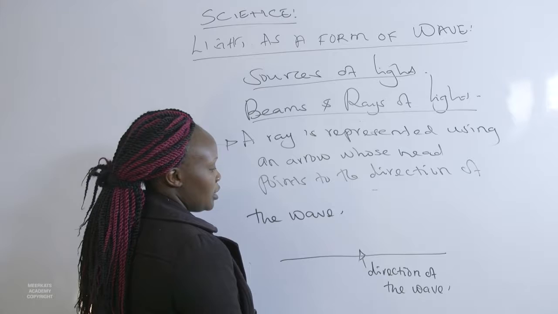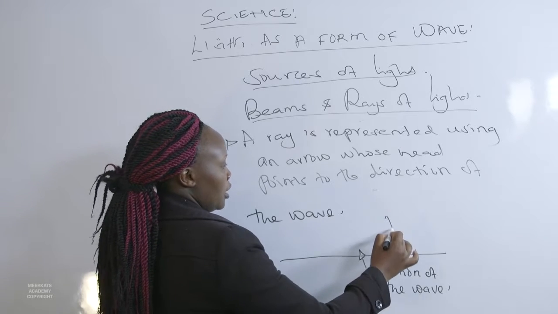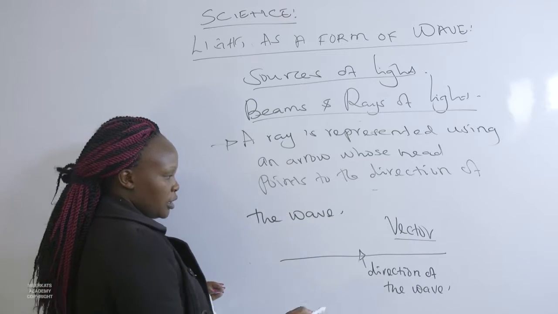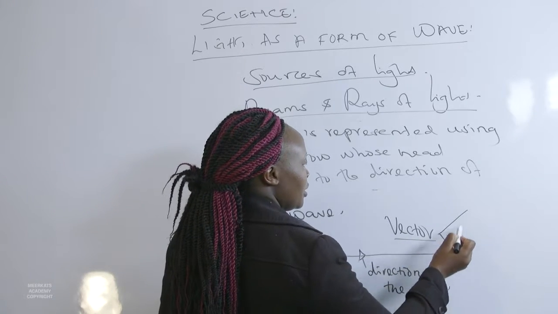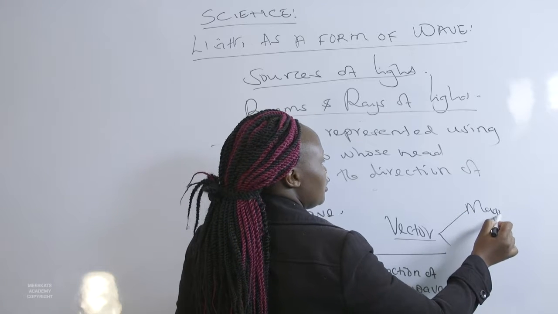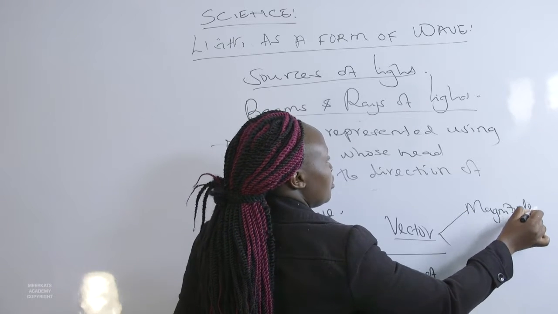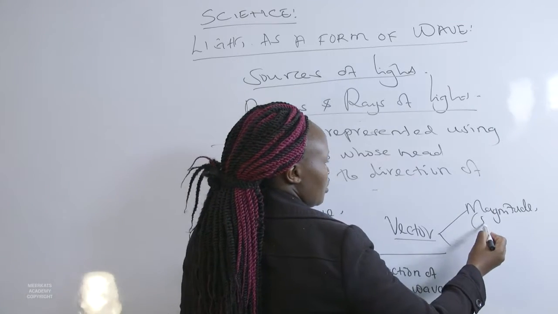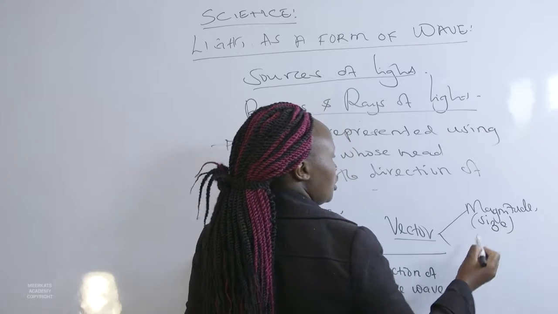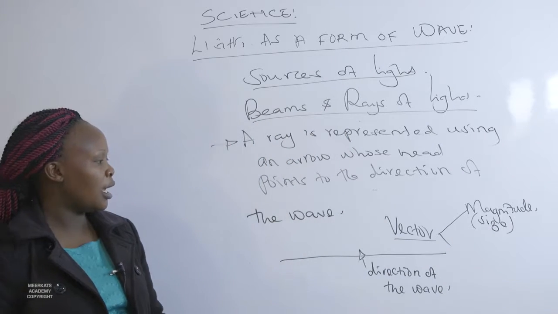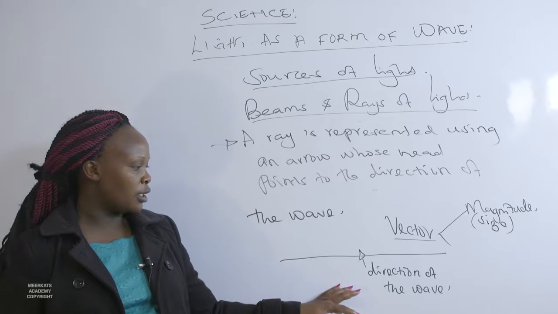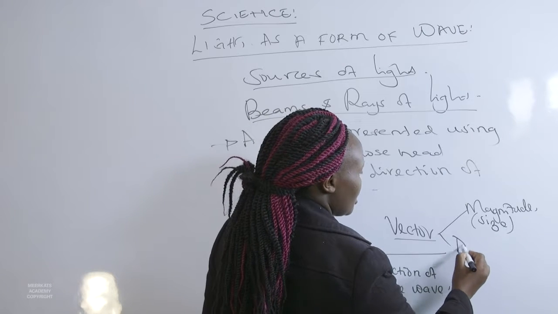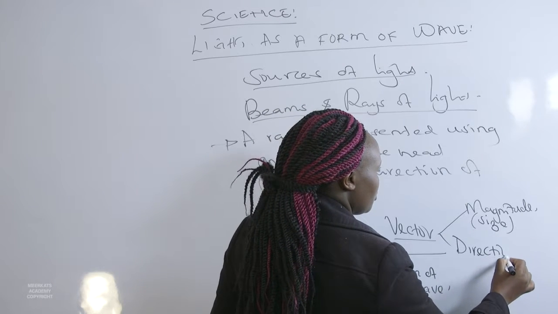Remember that a wave is actually a vector. This means that the magnitude, or the size of this arrow, should actually tell us something about the intensity of the light, whereas the arrow gives us a sense of direction.